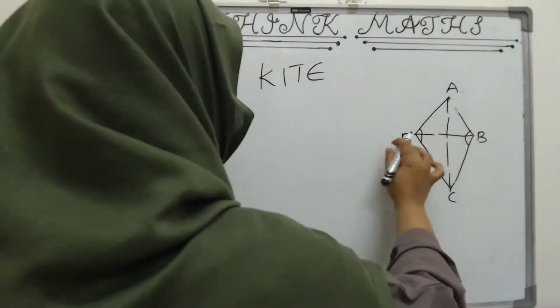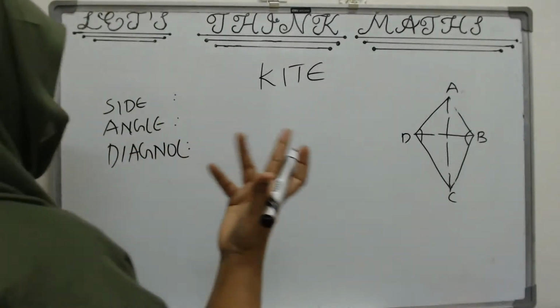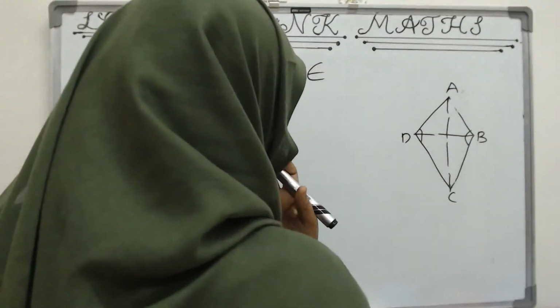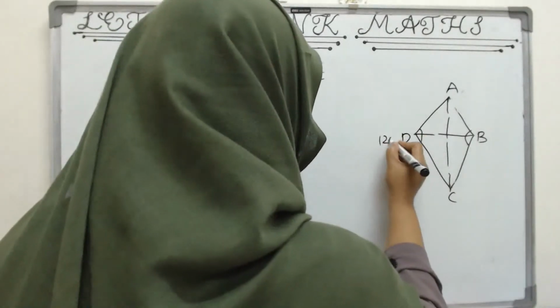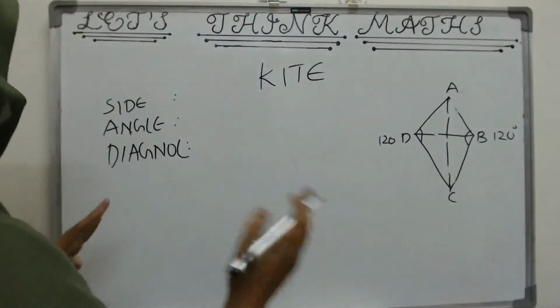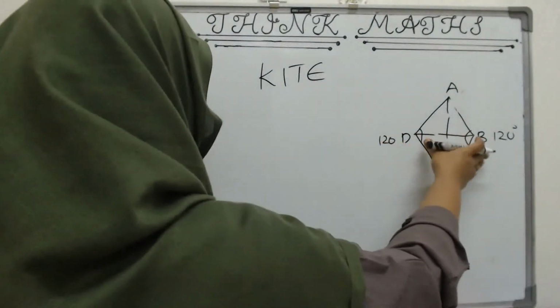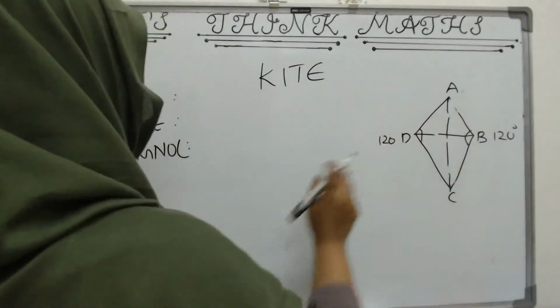So that means these two will be equal. Suppose one of them is say 120 degrees, then the other will also be 120 degrees. So the angles on the opposite sides of the smaller diagonal will be equal to each other.